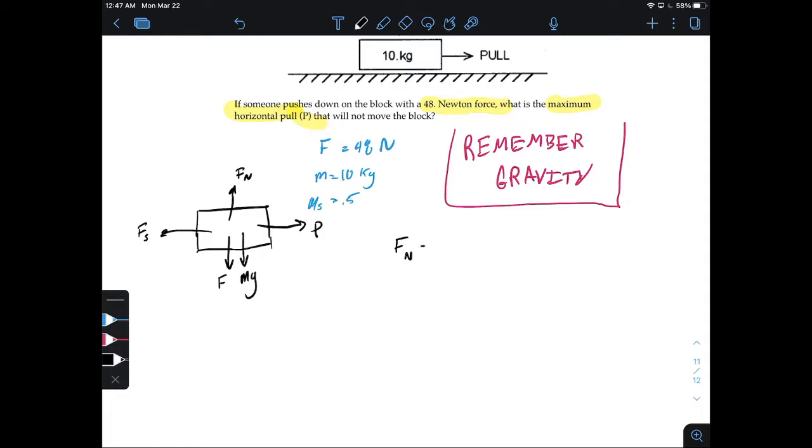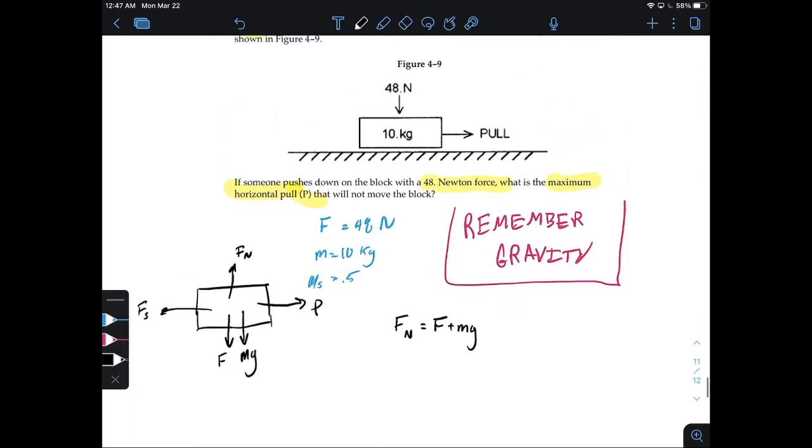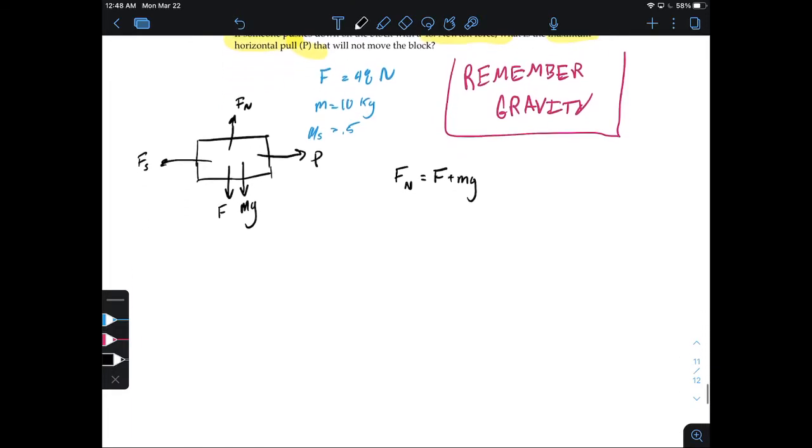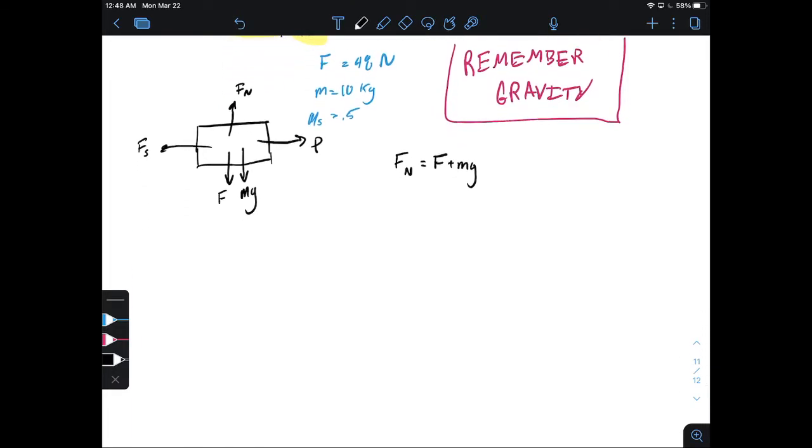So we can say that Fn is equal to F plus mg. And I'm using F to denote the force downwards, just because I feel like it. Now, we're going to solve for this contact force, and we're going to say that 48 plus 10 times 9.8 is equal to our contact force, our normal force, and that is equal to 146 newtons.